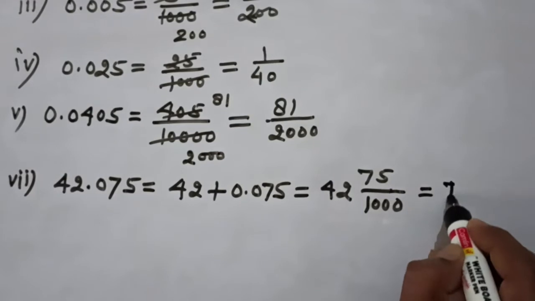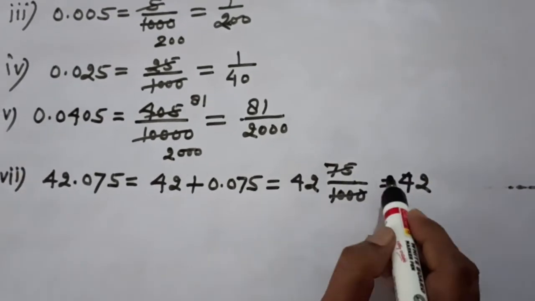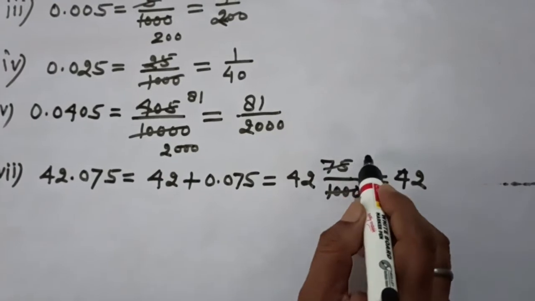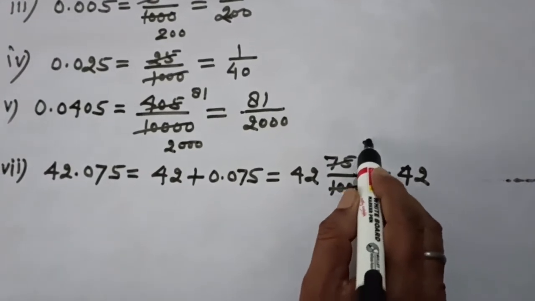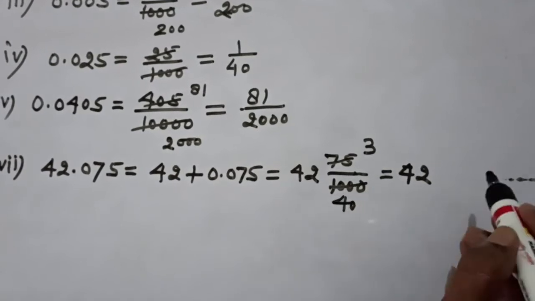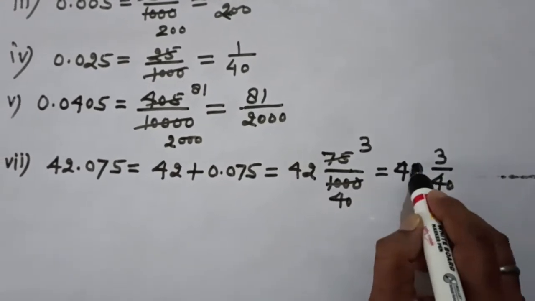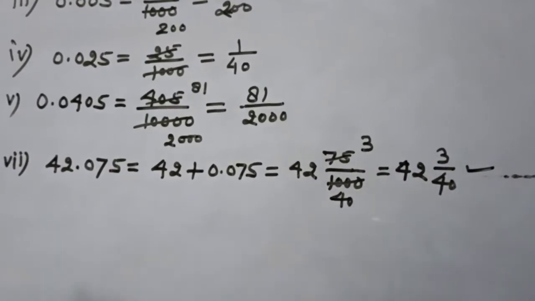So 42, you can divide it by 5 or 25: 25 threes are 75, 25 forties are 1000. So you can write 3 upon 40. So 42 whole 3 upon 40.